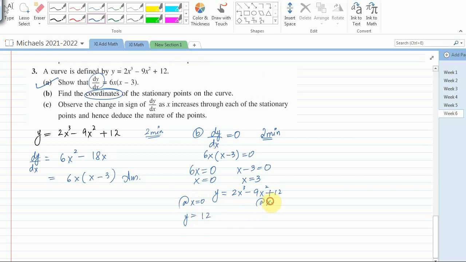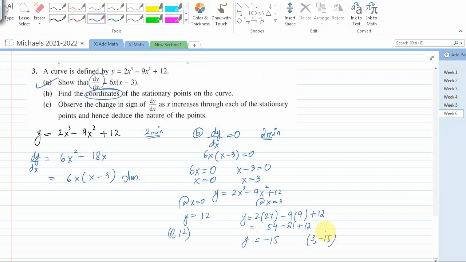At x equals 3, y equals 2 times 3 cubed, which is 27, minus 9 times 3 squared, which is 9, plus 12. 27 times 2 is 54, 9 times 9 is 81, plus 12. So we can solve it: 54 plus 12 minus 81 gives you the value of minus 15, right? So the coordinates we have are (0, 12) and (3, minus 15).